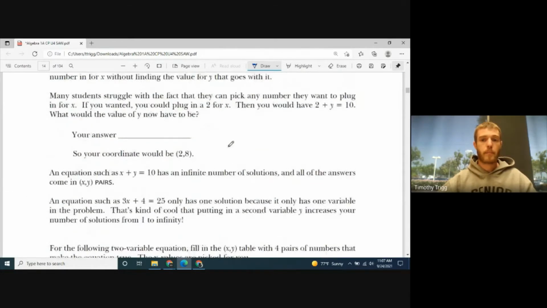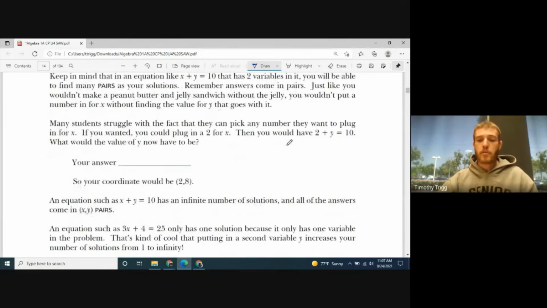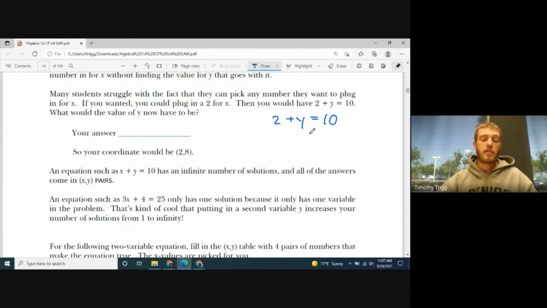Okay. So let's look back at our equations. We said x plus y equals 10. That was the equation we had. Now, what if we choose an x value? So we're going to choose the x value to be 2. What would have to be the corresponding y value? Well, hopefully you know already that would be 8. So y equals 8, right? Because 2 plus 8 is 10.